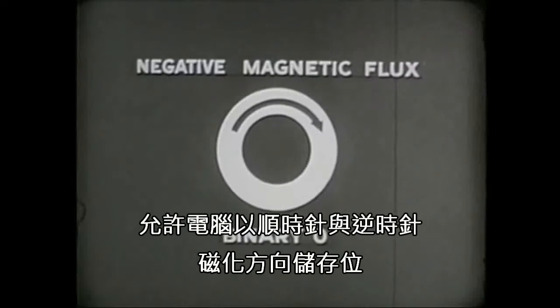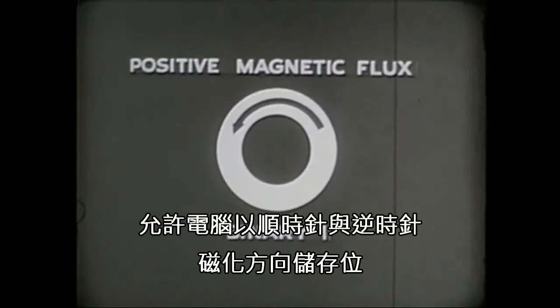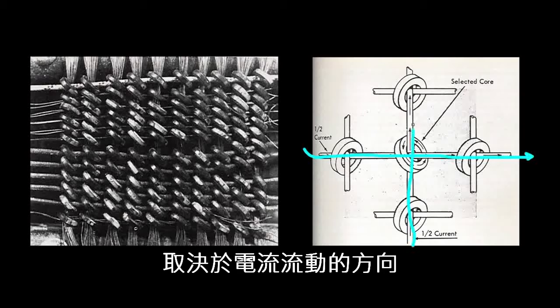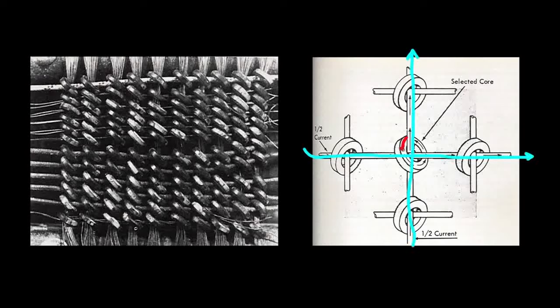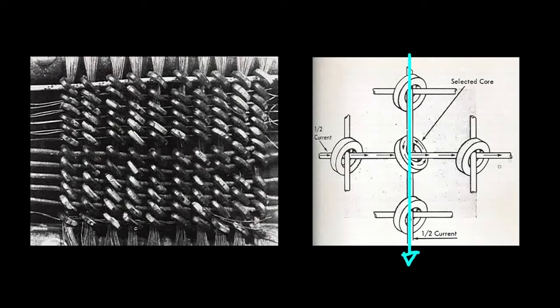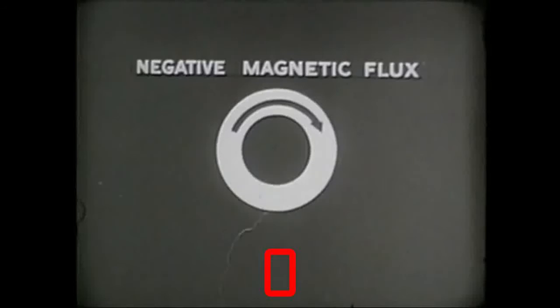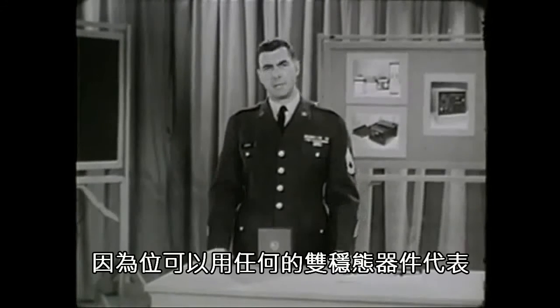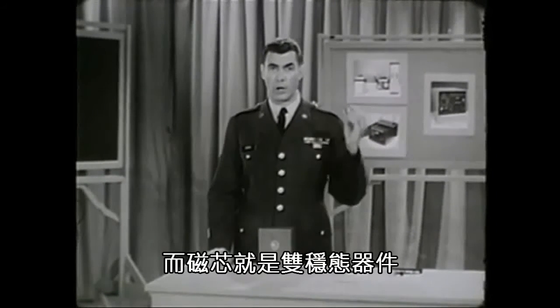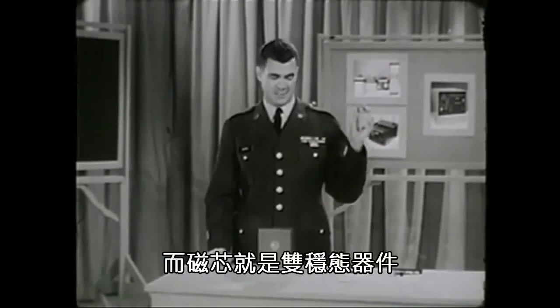And it allowed computers to store bits as clockwise versus counterclockwise magnetization direction, because each core could be magnetized in 2 different ways, depending which direction the current was applied. Because a bit can be represented by any bistable device, and a magnetic core is a bistable device.